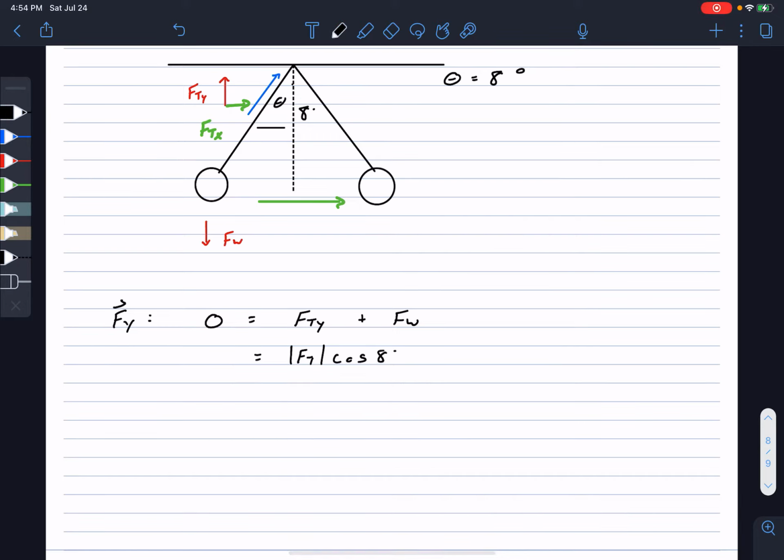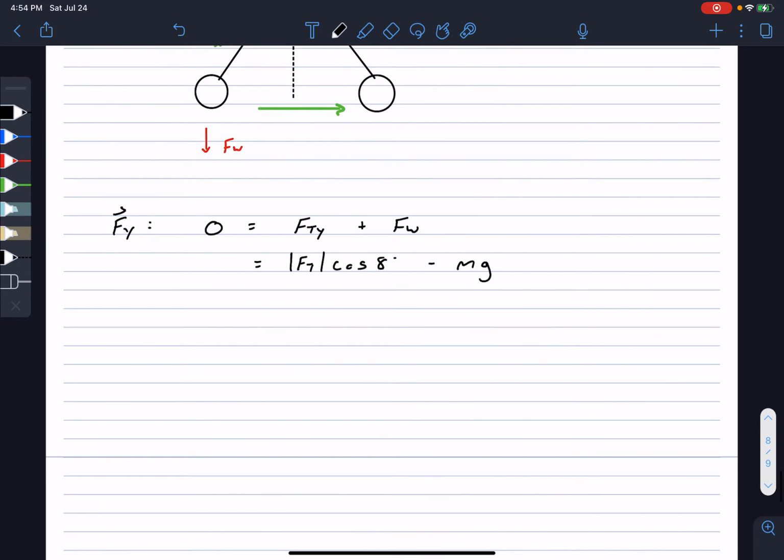And that's cosine 8 degrees. And then the weight force is pulling in the downwards direction, so that's negative m times g. So that gives us that the tension force magnitude is equal to mg over cosine 8 degrees.